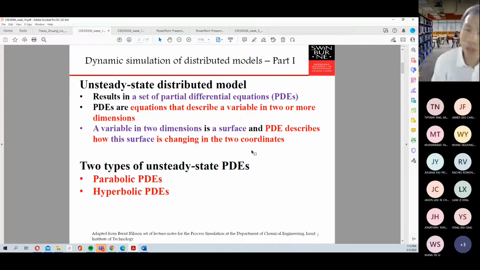A variable in two dimensions can be considered as a surface. So if you have a variable that changes with time, the surface will change as a function of time. Here we will limit ourselves to two types of unsteady state PDE, which are the parabolic PDE and the hyperbolic PDE.